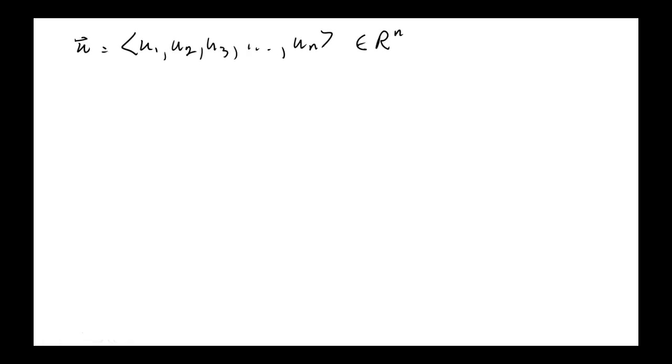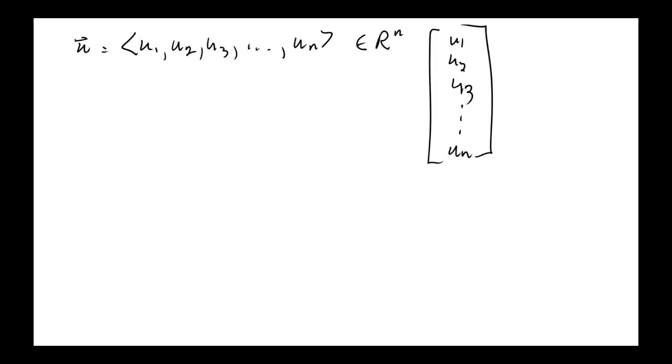And we've already talked about that. The way I just wrote it there is kind of like a row matrix, so that's represented as a column matrix: u1, u2, u3, down to u sub n. That would be u represented as a column matrix. We did this many times before.